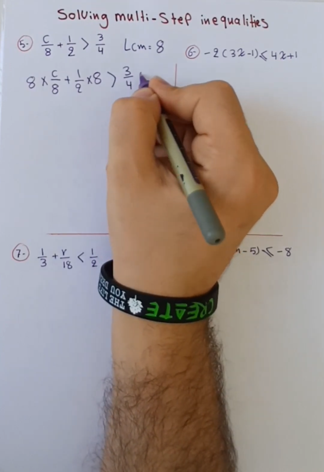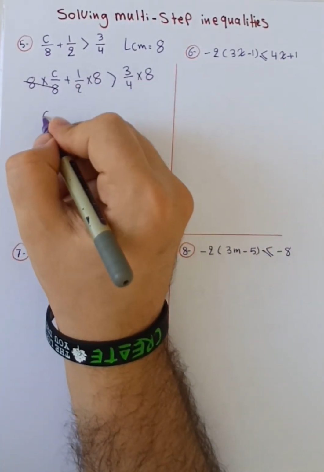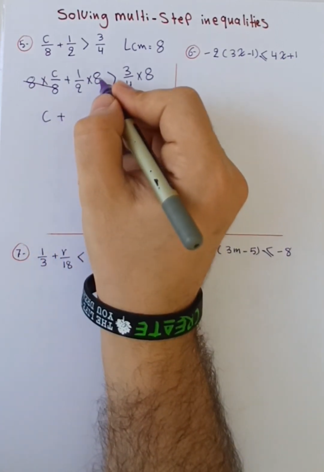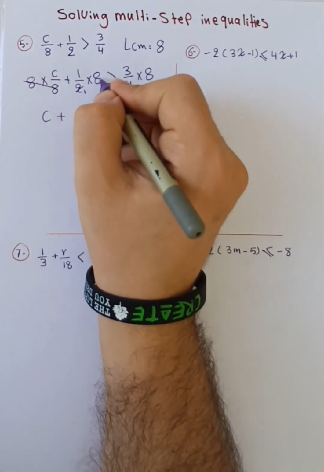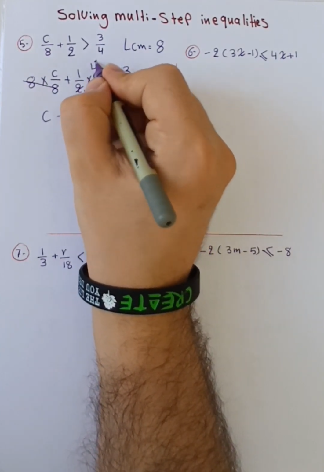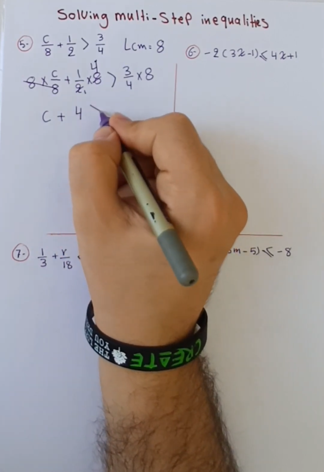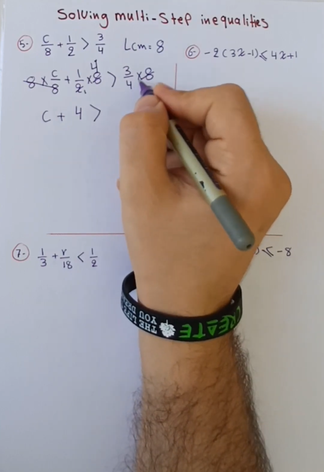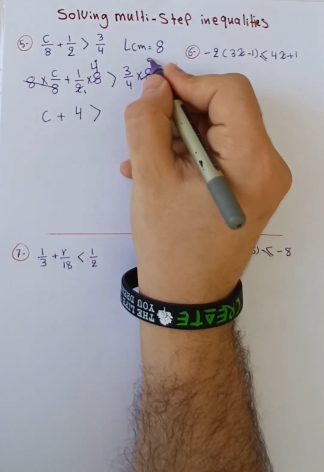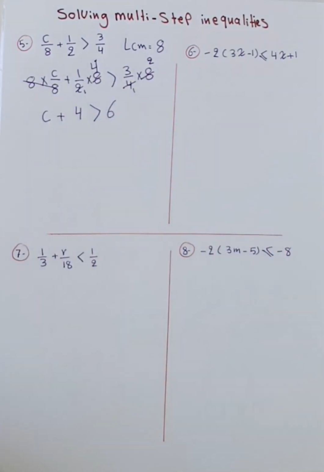of 4 times 8. These two 8's are reduced, c stays, plus, and then 2 divided by 2 is 1, 8 divided by 2 is 4. So we have 1 times 4 is 4 greater than, and then 8 divided by 4 is 2, 4 divided by 4 is 1, 3 times 2 is 6.